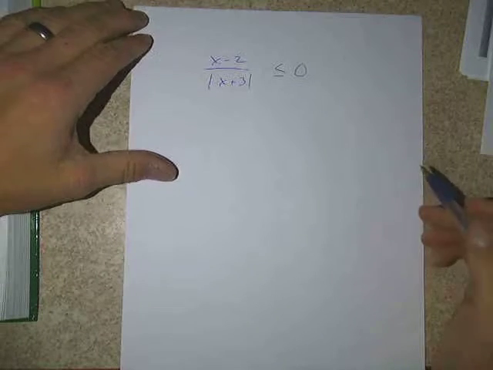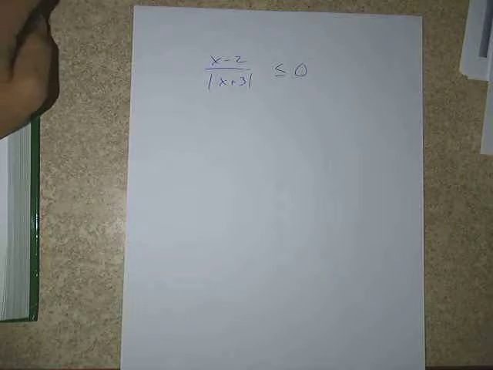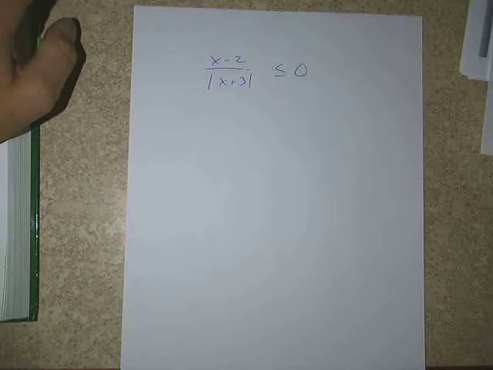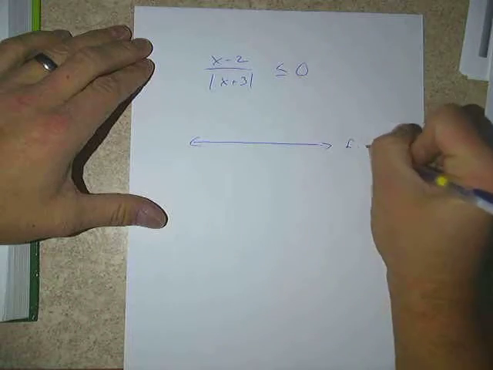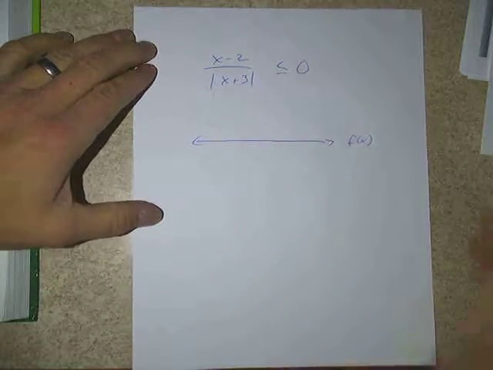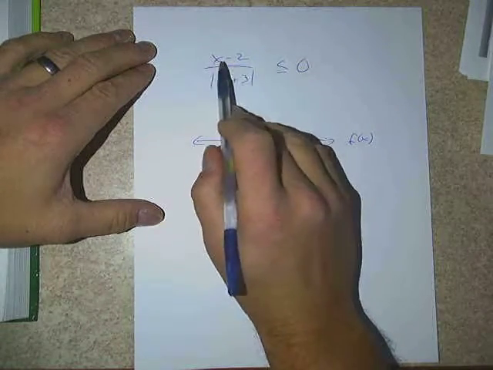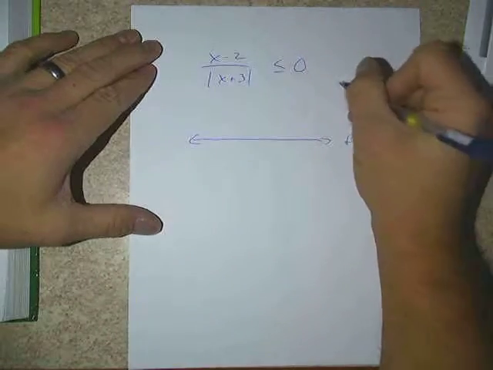Still, we're going to perform that same analysis. We want to find our split points, which are, number 1, our zeros, and number 2, anything that will make this undefined. Once we do that, we can make our sign chart.